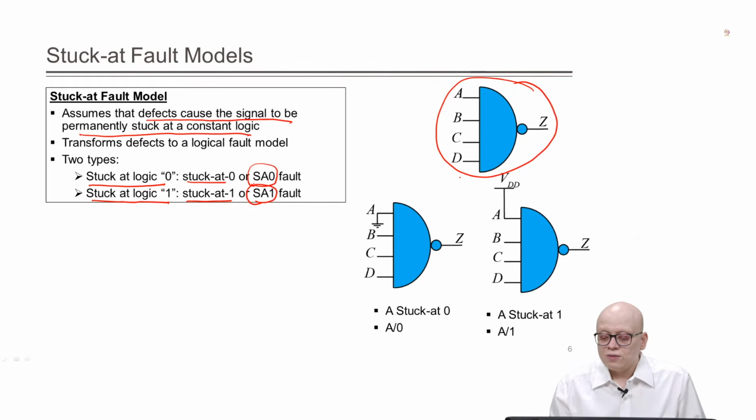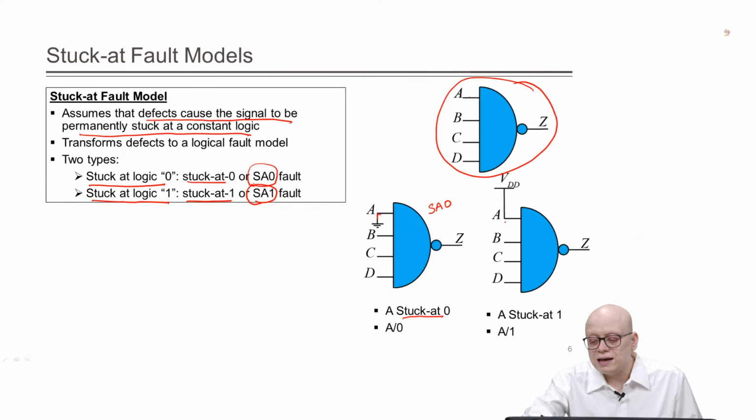Now, if there is a stuck at 0 fault at the pin A, right. If the pin A is shorted to the ground line, then we model it as a stuck at 0 fault, or we say that A is stuck at 0 and we write SA0.